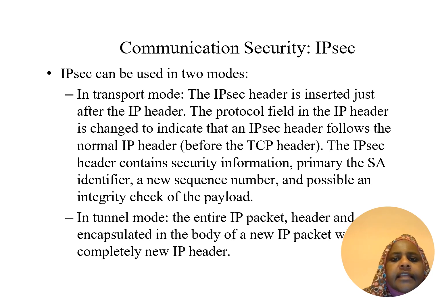The IPsec header contains security information, primarily the SA identifier, a new sequence number, and possible integrity checks for the payload. In tunnel mode, the IP packet and header are encapsulated in the body of a new IP packet and completely hidden.